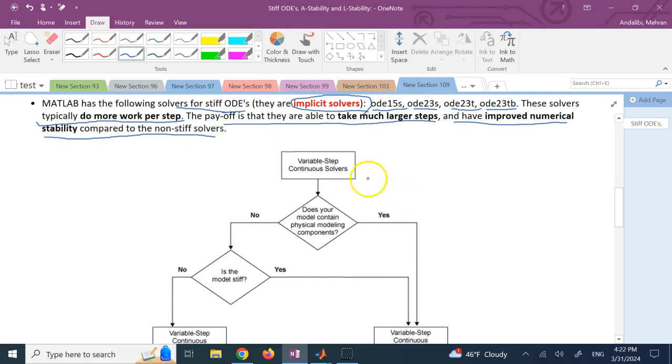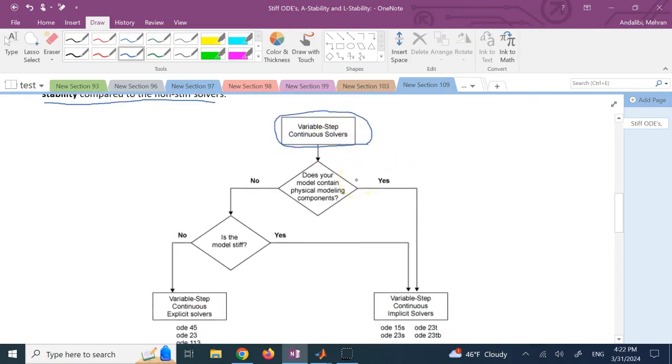So in general, in MATLAB, if you want to know what kind of solver to use, you come here and you look at different variable step continuous solvers. You need to answer a couple of questions. First, does your model contain any physical modeling components? If not, then basically it's a simple offline, not real-time ODE you want to solve.